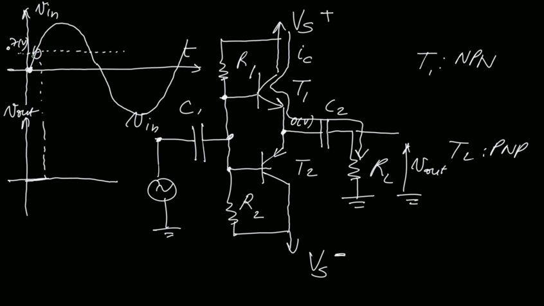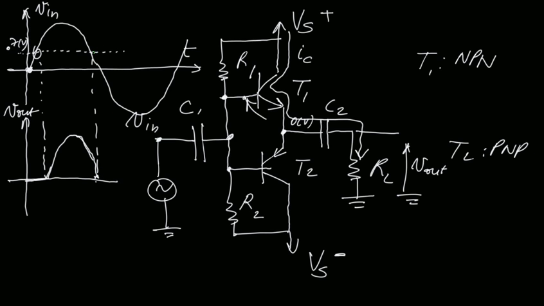Now when Vin hits 0.7, what happens is that the base emitter of the first transistor is now forward biased. This transistor is now turned on, and there's a current flowing in here. So from this point on, as Vin goes up, the current across the load goes up, reaches a maximum, and then comes back to 0.